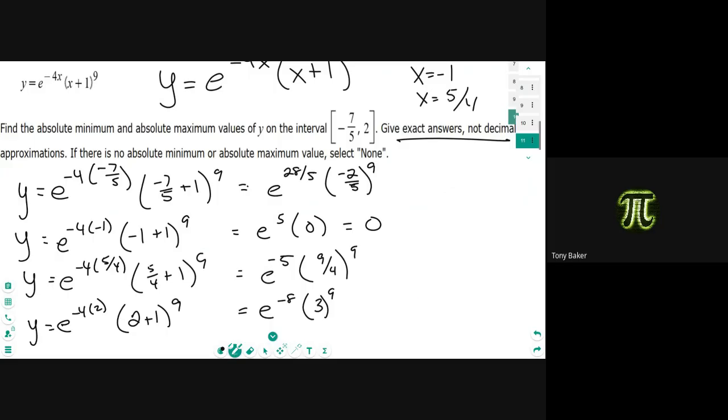Notice I didn't go through and do all the work. Which one's the minimum? That's the min. Still is negative. Now, these two, one of those is going to be the max, one's not. Now's where I throw it in a calculator and get it as a decimal just to see what it comes out to be.